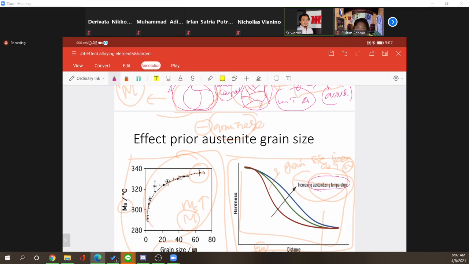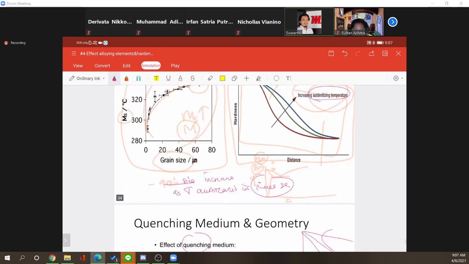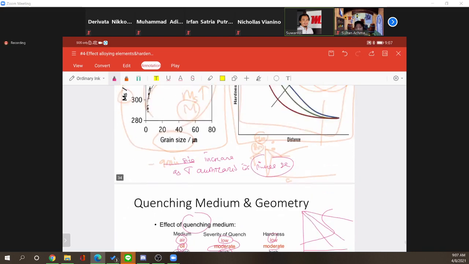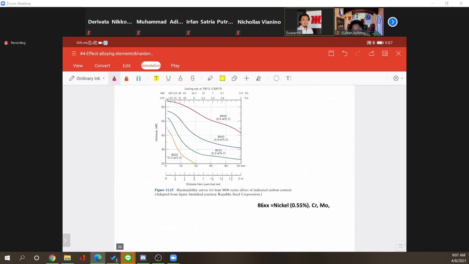This curve will tell you whether the alloy has higher hardenability or not. This is also affected by the grain size, and the grain size is affected by temperature. Then you also need to consider the geometry of the sample, and practically the medium that you will use for quenching. So that's all for today.